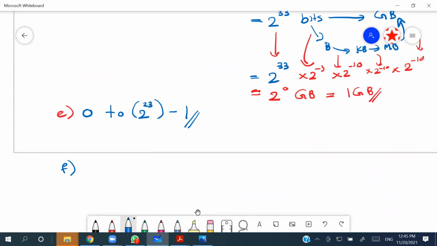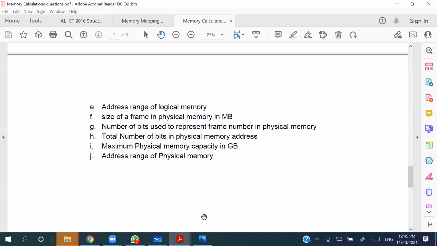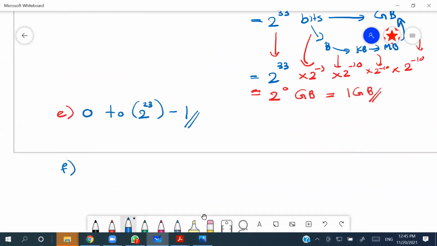Then the F part. Size of a frame in physical memory in MB. So I told you, we don't need to worry about it. Size of a frame, or like the frame size equals page size equals 1 MB. Simple calculation.